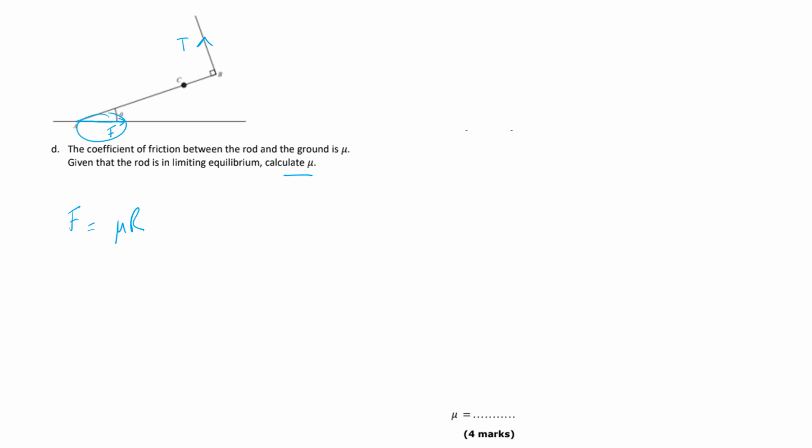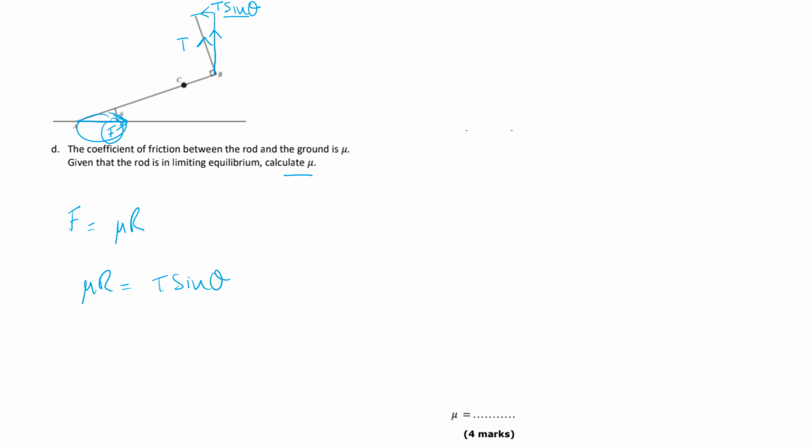The only other horizontal force is the component from the tension. So resolving that vertically and horizontally, this horizontal one is T sine theta. So this force and this friction force are equal and opposite. So mu R is equal to T sine theta.